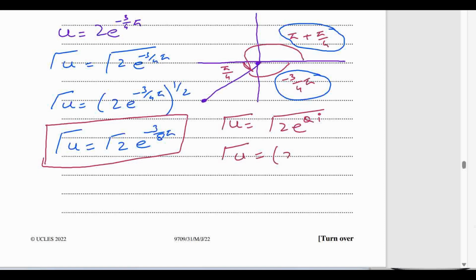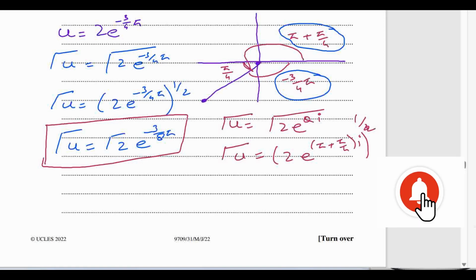We can write it as 2 e power pi plus pi by 4 i whole power 1 by 2. Now if we further simplify it, the square root of u is equal to square root of 2 e power 5 pi by 8 i.